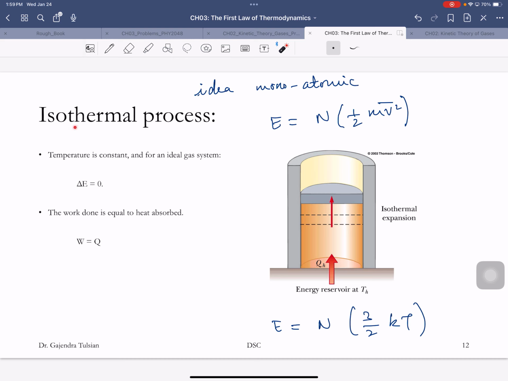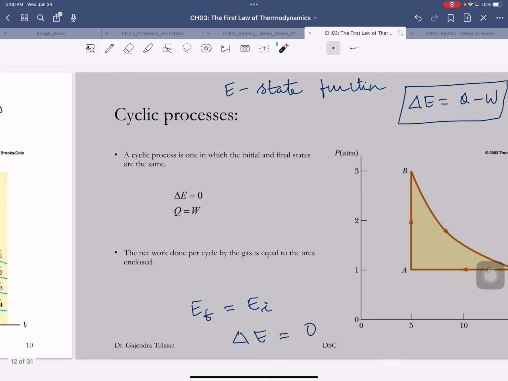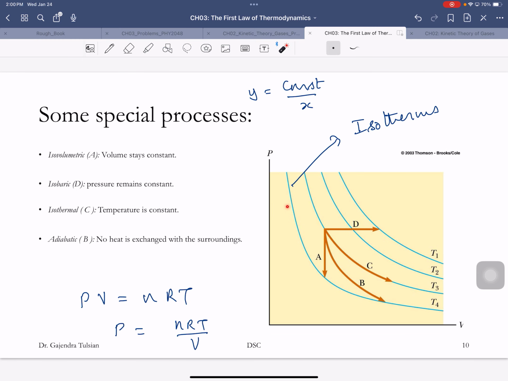Okay, so in an isothermal process, what is an isothermal process? Constant temperature. What does that mean? Internal energy is constant. So for an ideal gas in an isothermal process, the internal energy is not changing. Okay? So if this were an ideal gas system, along this point, the internal energy is the same. Okay?